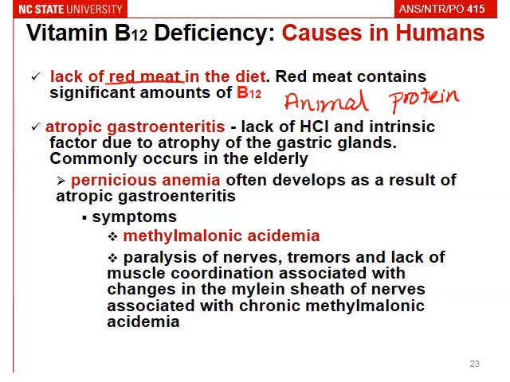If you have atrophic gastritis, so this is where you have a lack of hydrochloric acid and intrinsic factor, you have atrophy of the gastric glands. This really happens quite commonly in elderly individuals. So the older you get, the more likely that you will need to get a shot of B12.